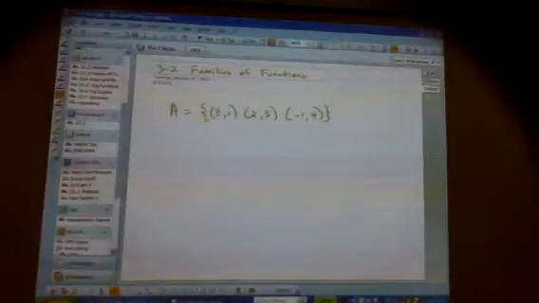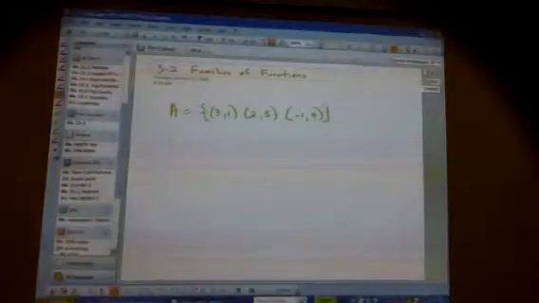You can have as little as one ordered pair in the function, which isn't very practical because you don't get very far dealing with one ordered pair as a function, but it's legal, it's valid. Or you can have infinitely many ordered pairs in your function.